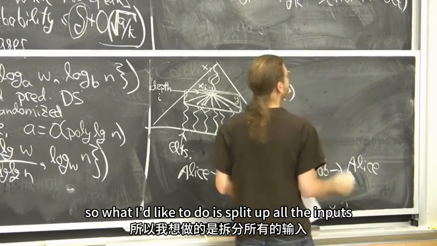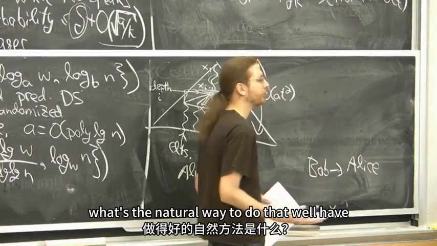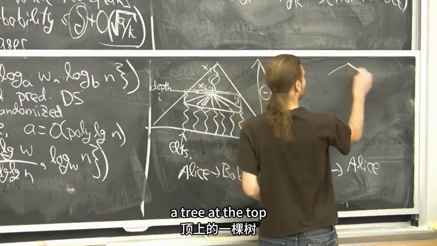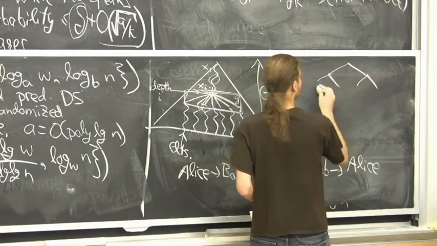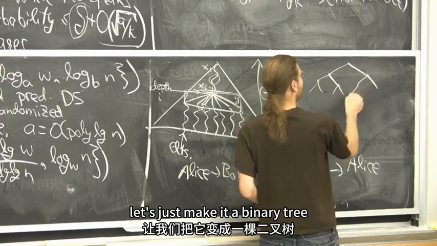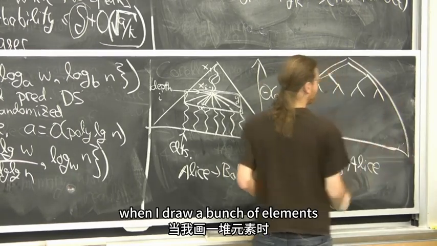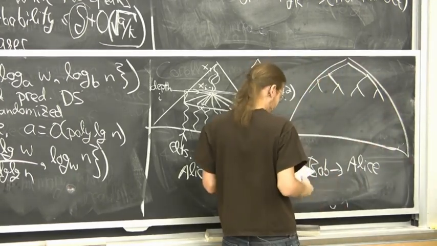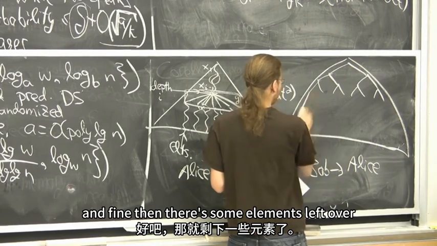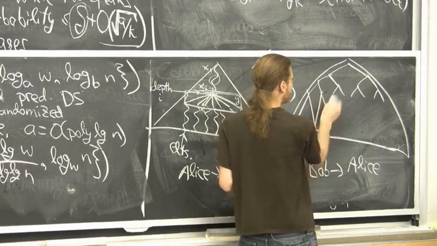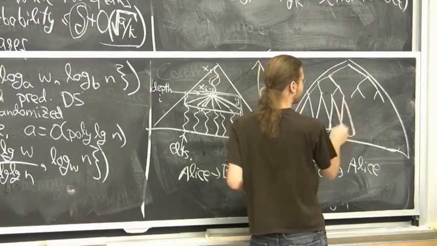So what I'd like to do is split up all the inputs. What's the natural way to do that? Well, have a tree at the top. Let's just make it a binary tree. So I'm drawing the usual picture I draw when I draw a bunch of elements. And fine, then there's some elements left over in each of these subtrees.